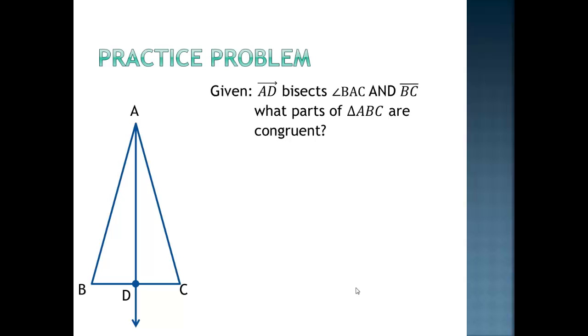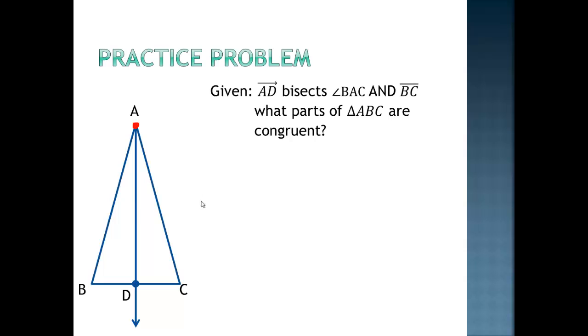Finally, practice problem. Okay, so we have this figure here. We are given that ray AD, so starting at A and going down to D, bisects angle BAC and segment BC. What parts of triangle ABC are congruent? Well, let's think about our definitions.